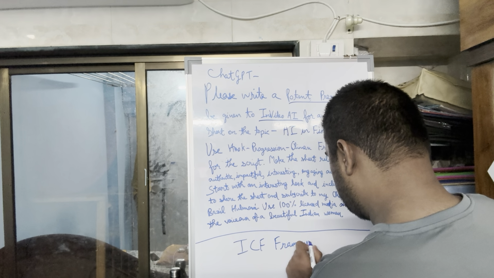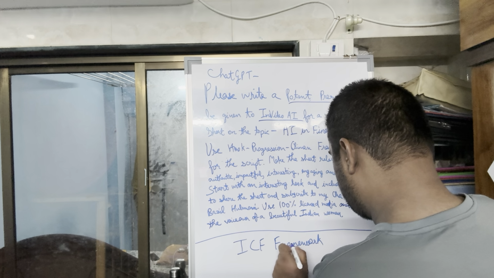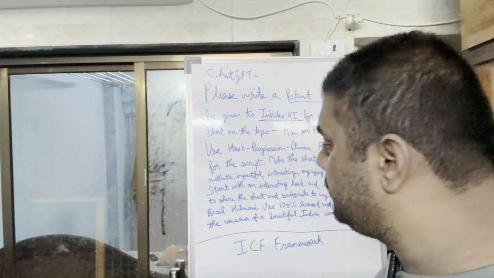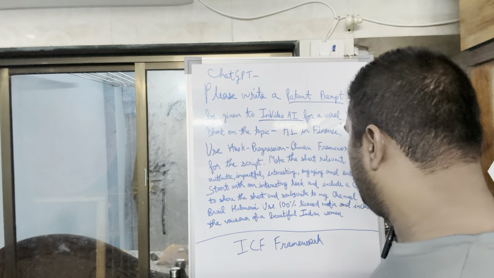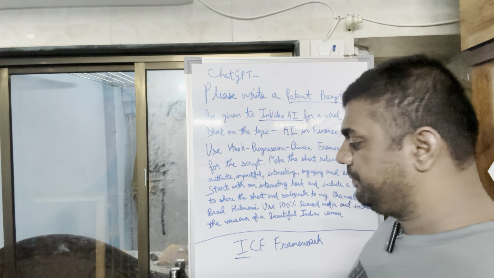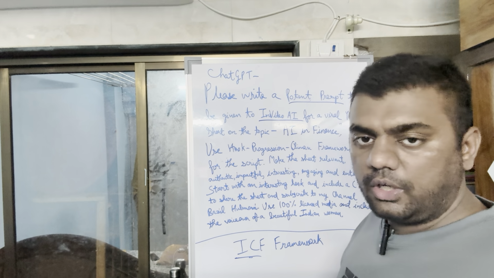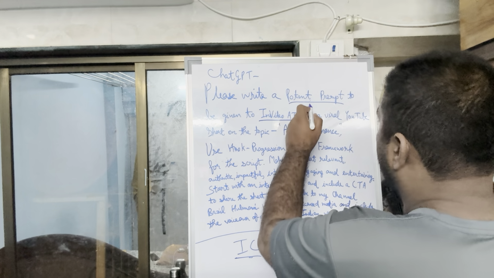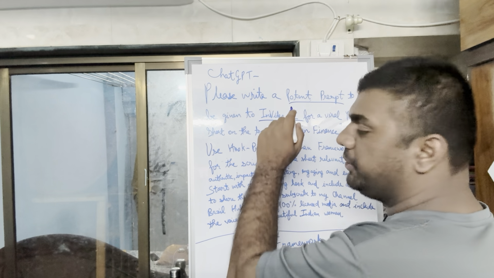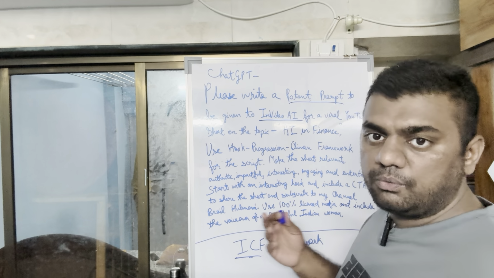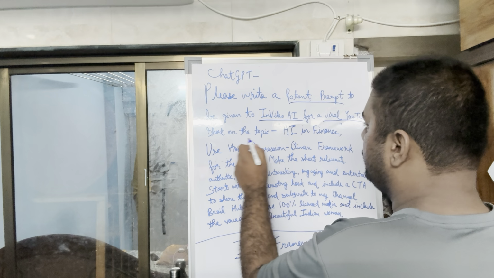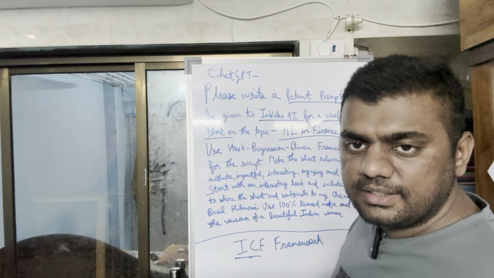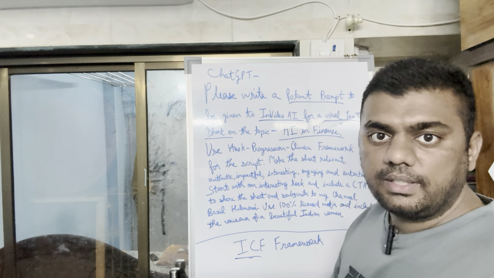So what I've done over here is, I have used the ICF framework again, yet effectively. My intent is to tell ChatGPT to write a potent prompt to be given to InVideo AI. And then the choice of my words is correct. I have used all the correct words over here, like the potent prompt, InVideo AI, viral YouTube short, and on the topic AI in finance. These all come under the choice of words.